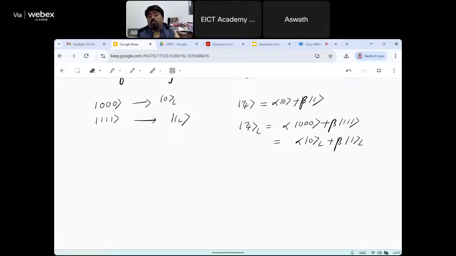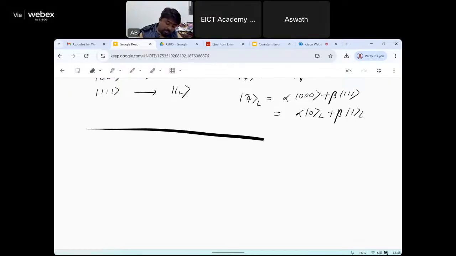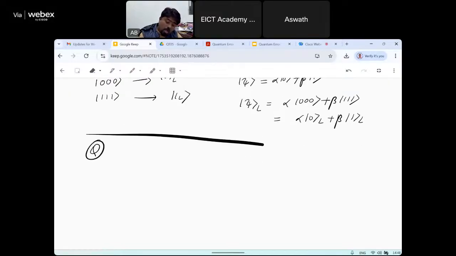Even if one guy drops out in the middle, the remaining 2 people carry the information, and based on them we make out the actual information. Both things work. Here also it works. Now the question is how we move from this quantum state to the logical quantum state.